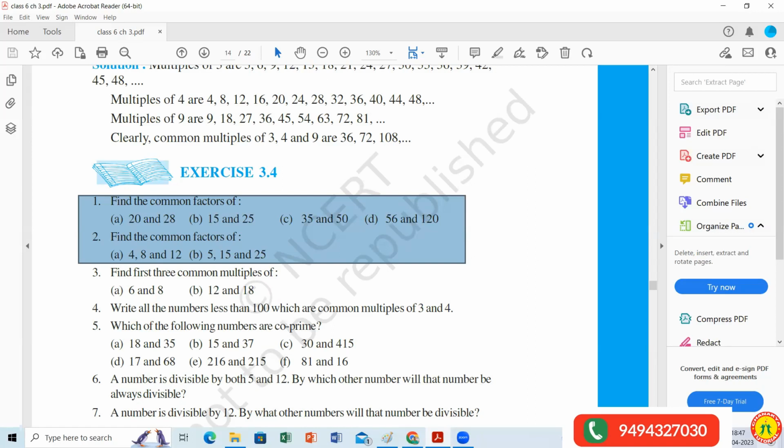Numbers having only one as a common factor are called co-prime numbers. And the third is, how to find common factors, and from that how to find HCF. Those are the 3 takeaway points, children. This is your homework.